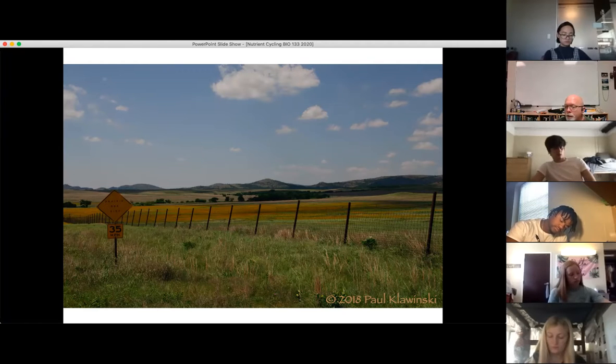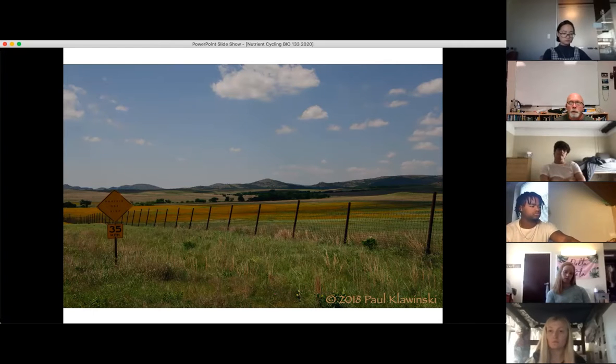So this last figure here, this last picture, is a picture that I took in the Wichita Mountains in Oklahoma. And you can see that this is a prairie. And this actually happens to be a prairie that is the home of a very, very large prairie dog town. And one of the things that prairie dogs do is they dig tunnels and burrows.